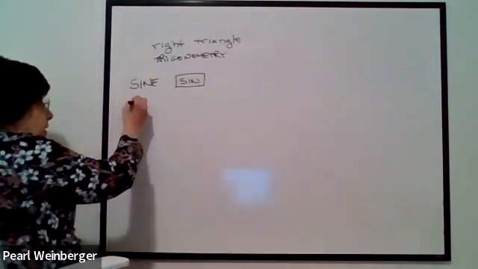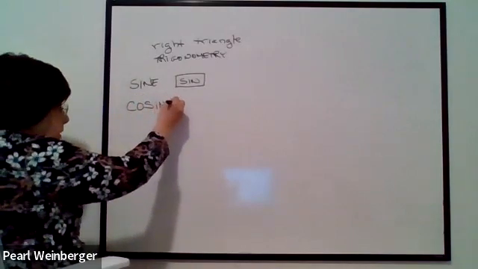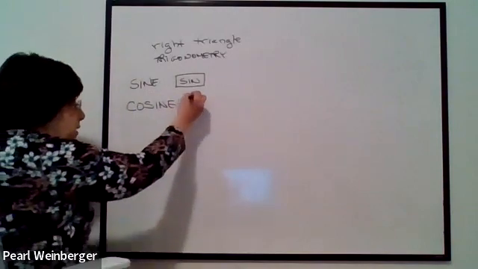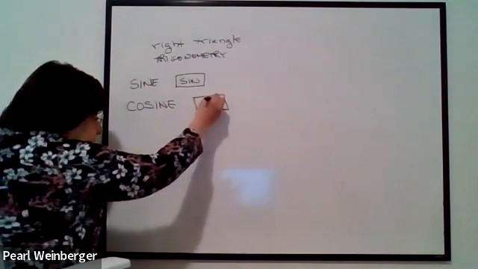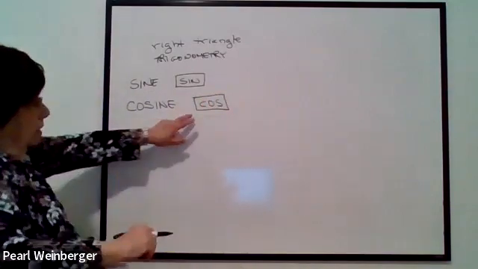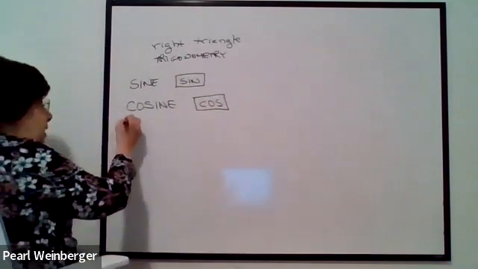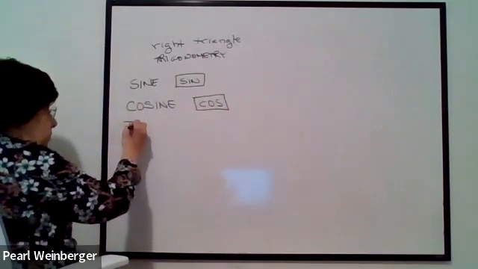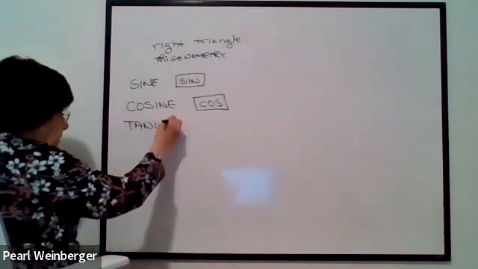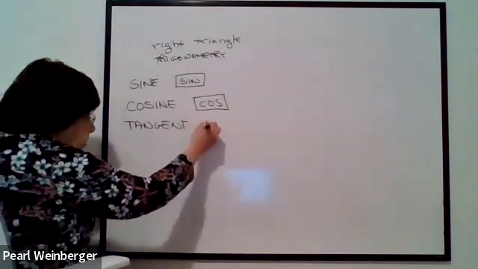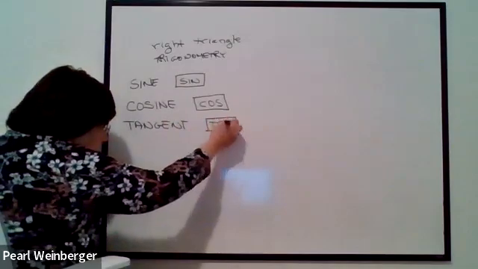The second button, usually right next to it or right below it, is called the cosine, which is labeled COS. That's the abbreviation for cosine. And the last of the primary trigonometric functions or values is something called the tangent. You'll see on the button its abbreviation is TAN, tan.